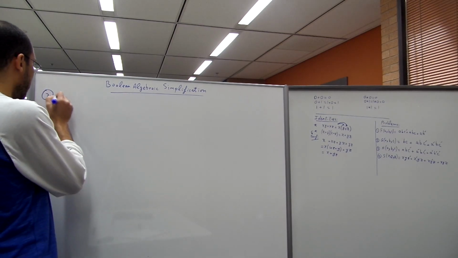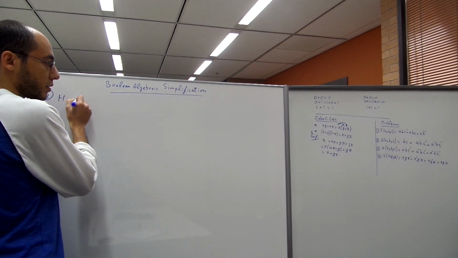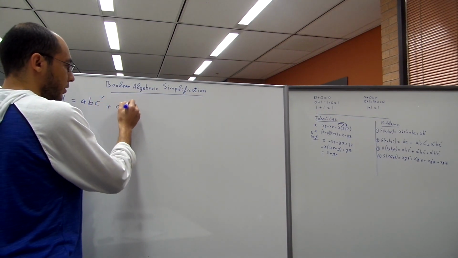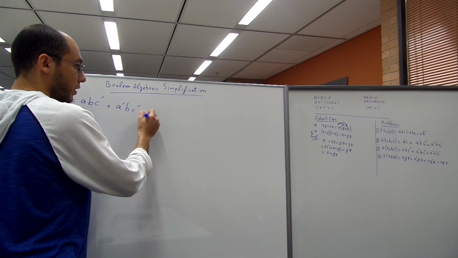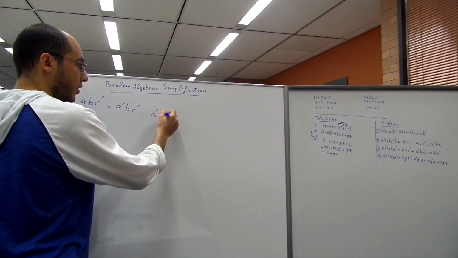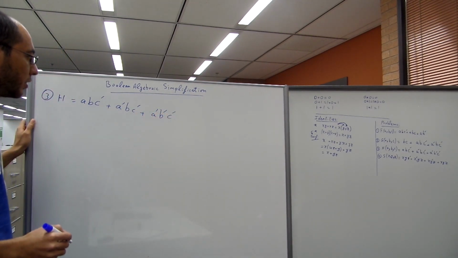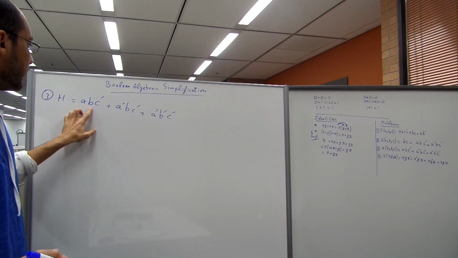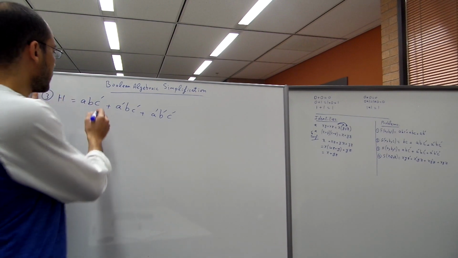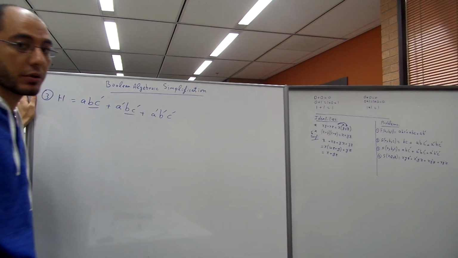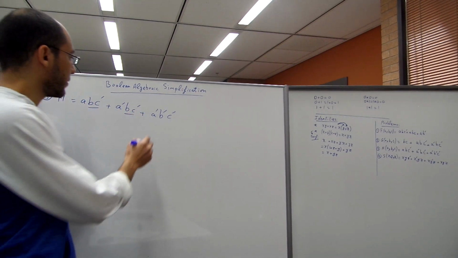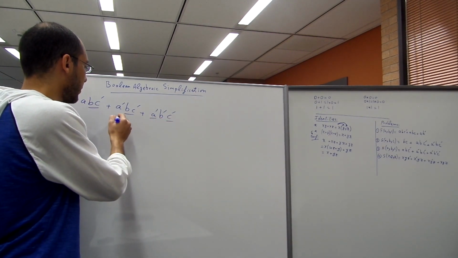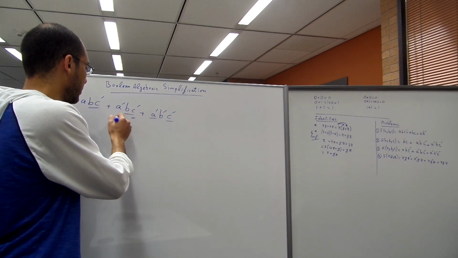Number 3. H equals A, B, C bar plus A bar, B, C bar plus A bar, B bar, C bar. Okay? If you look at this problem, you'll find the first two terms have A, B, C bar in common, and you'll also find that A bar, C bar is common with A bar, C bar.